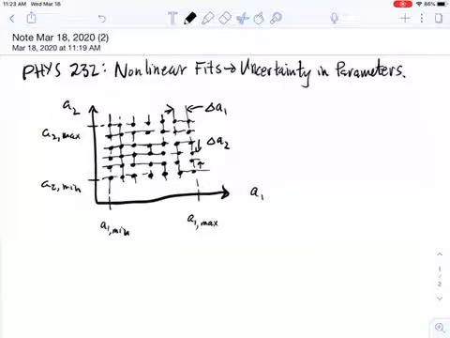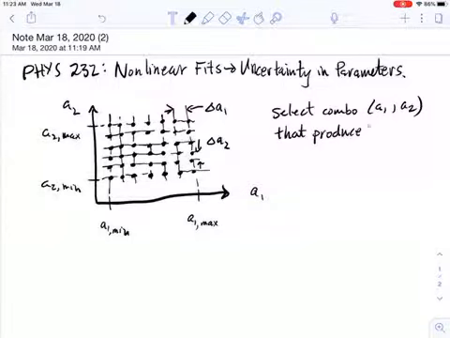Okay, so then we select the combination of a1, a2 that produces the minimum value of chi-squared.